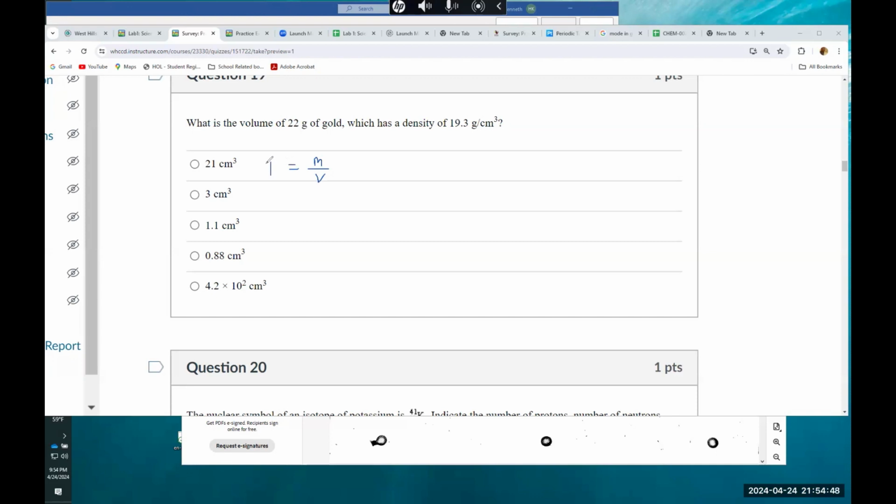Depending on which one you're looking for, we're looking for volume, so we can just plug in the numbers. Volume equals M over D? That's right. Okay, so we have 22 divided by 19.3. It's 1.14. Oh yeah, 1.1. Good job.